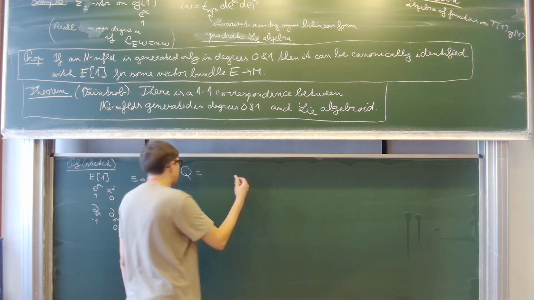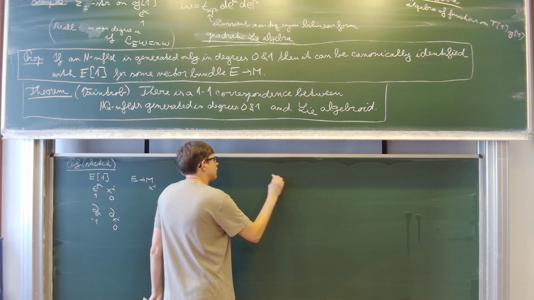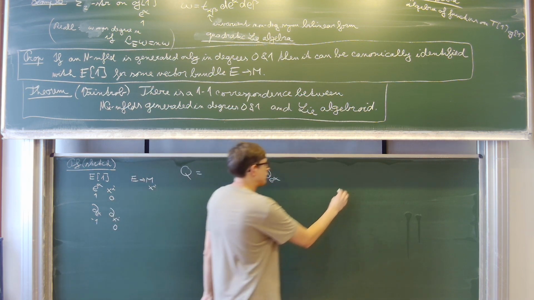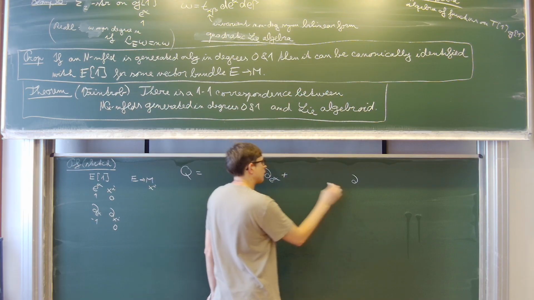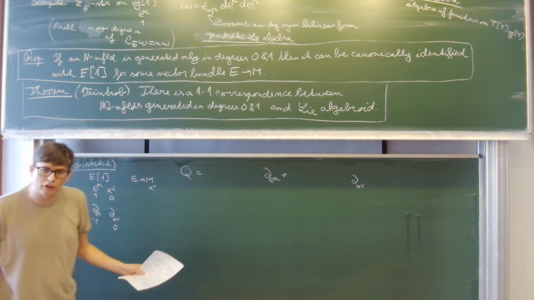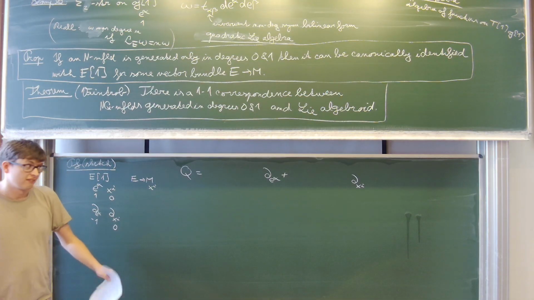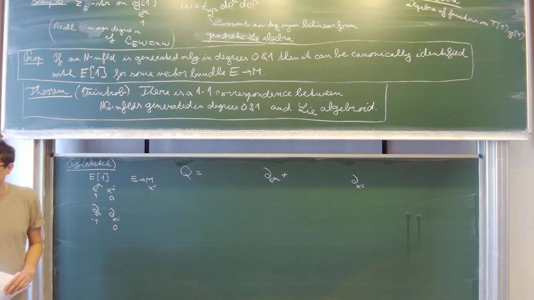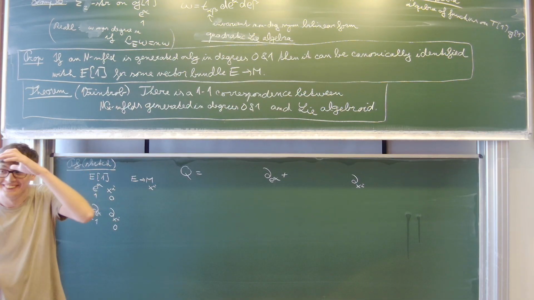So I need to have partials. There will be a possible expression of this type, plus some possible expression of this type, with some coefficients. Now, what are the coefficients in the first case? How many of which should I have? You can have any number of x's.